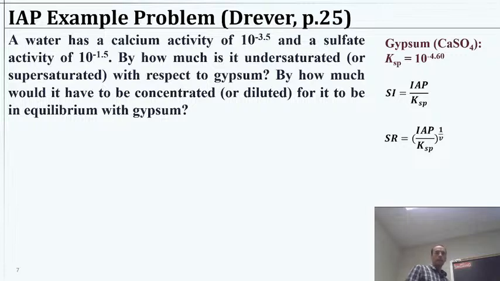By how much is it undersaturated or supersaturated with respect to gypsum? I went ahead and grabbed the gypsum solubility product here. Then also, by how much would we have to concentrate it or dilute it in order to achieve that equilibrium? So give that a couple minutes to think about it.